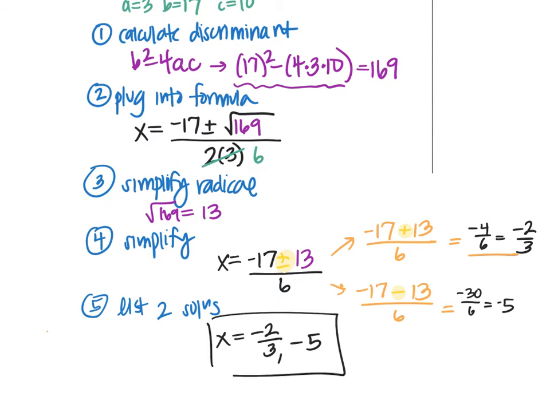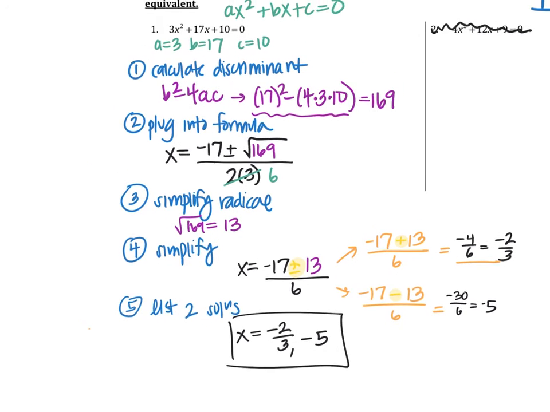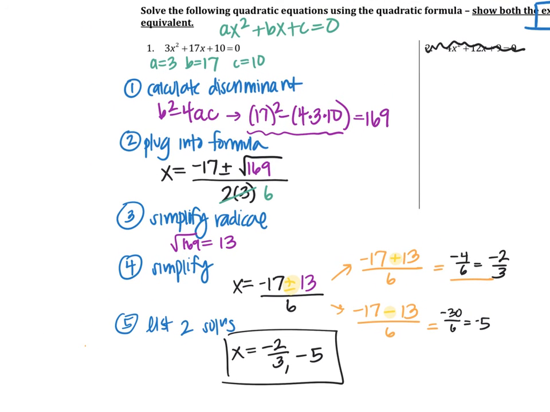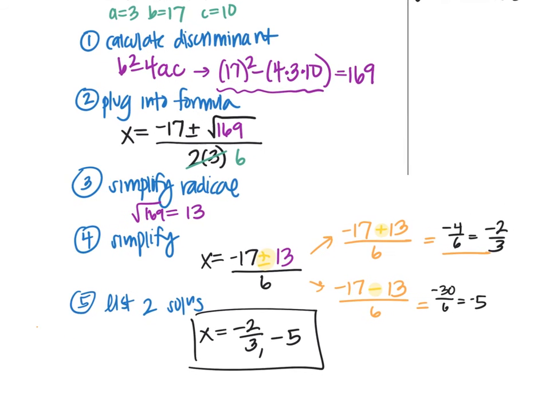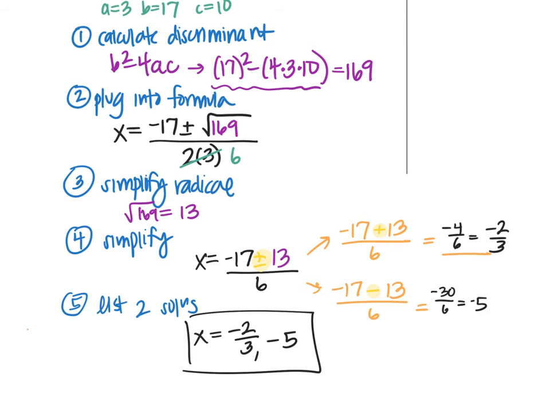What this tells me, when I look at my solutions, is they're rational. This tells me that I could have actually factored and gotten my roots. But if you look at this original problem of 3x squared plus 17x plus 10, with a leading coefficient of 3, I didn't really want to start guessing and checking.